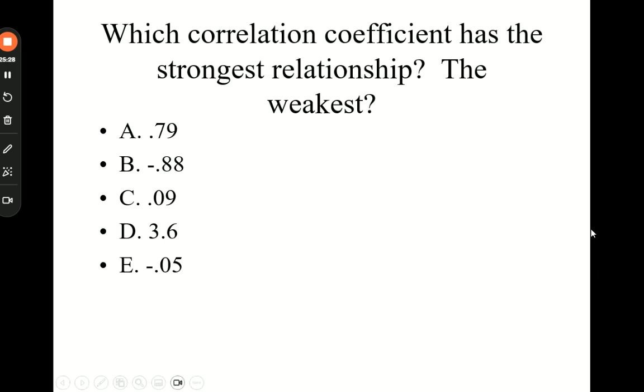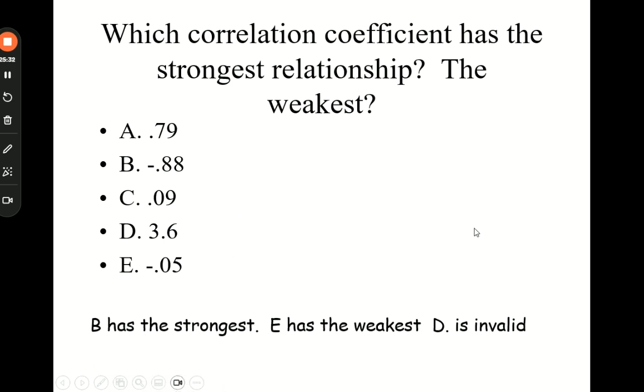So the weakest would be the one that's closest to zero. So E is the weakest because it's closest to zero. B is the strongest because it's the furthest away from zero. But D is invalid because it has to be between 1 and negative 1.